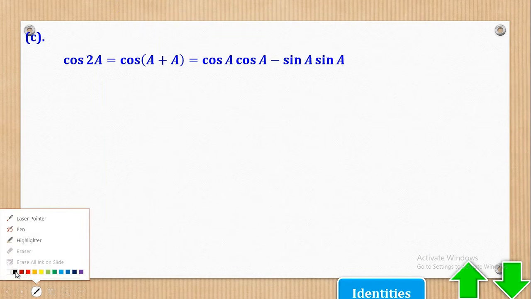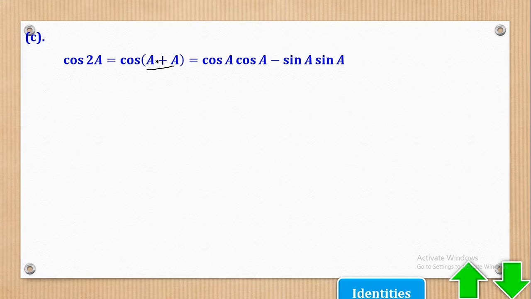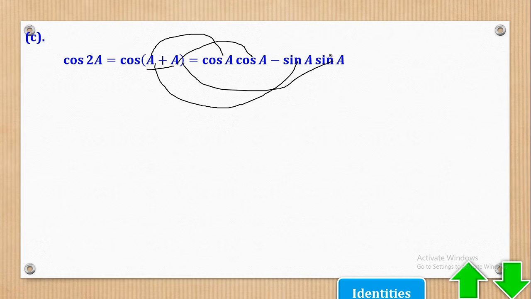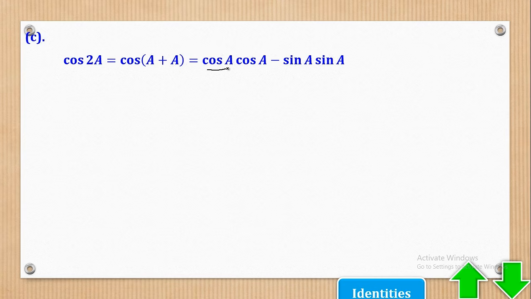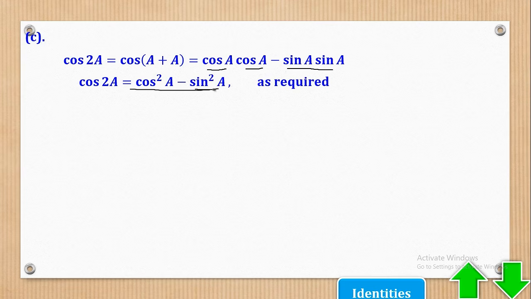It means we're going to get cos A times cos A, and also minus sine A times sine A. This is a product of two identical terms, so it becomes cos squared A, and this one becomes sine squared A. So this was one of the proofs required. Remember, there were three proofs in this part. One was to prove that cos 2A is equal to cos squared A minus sine squared A.